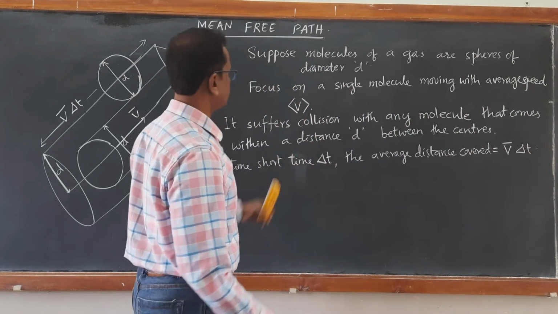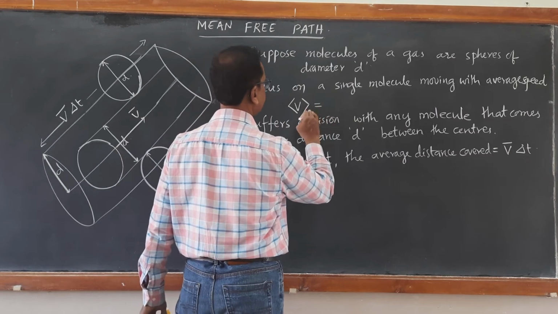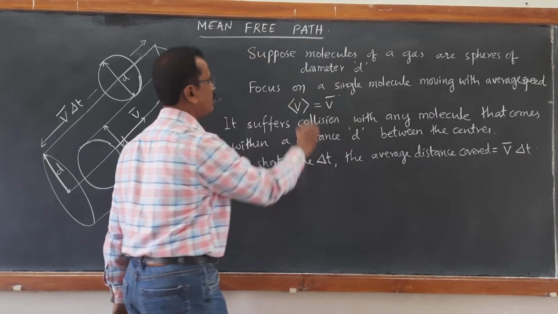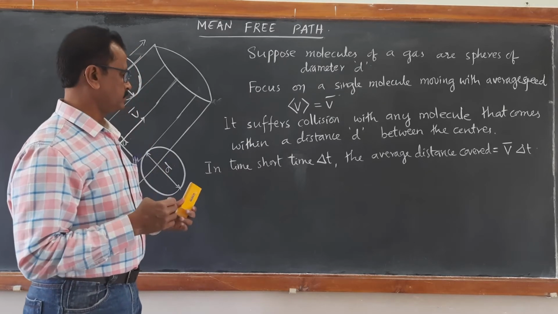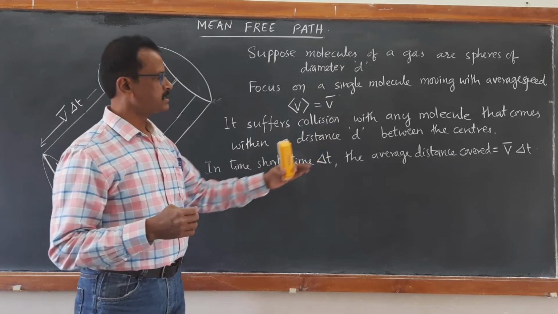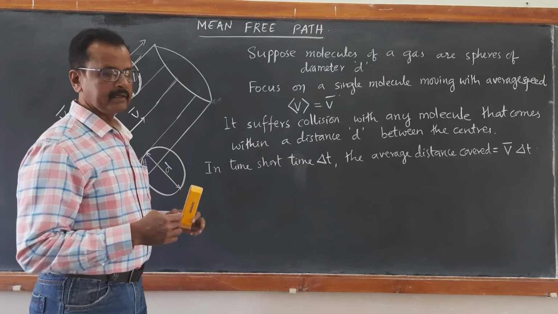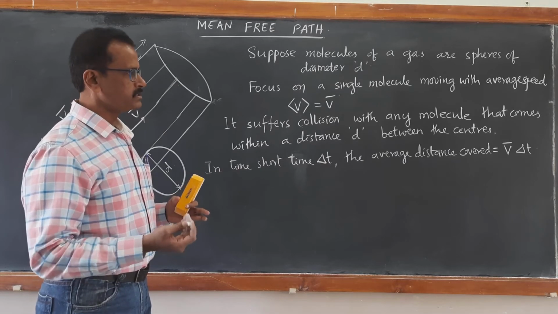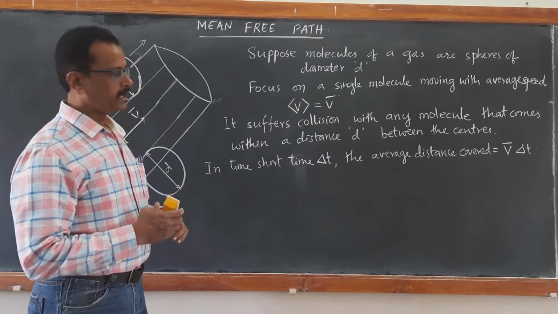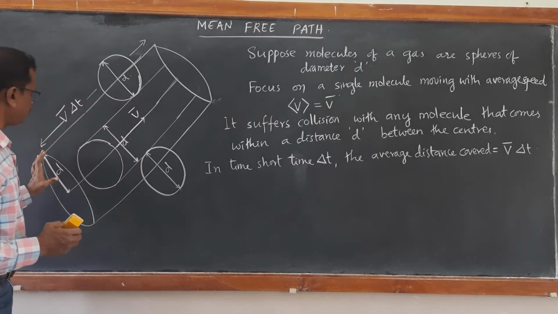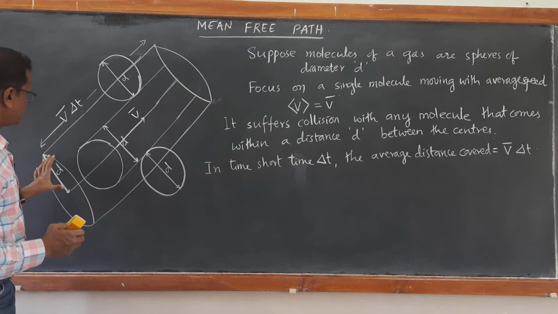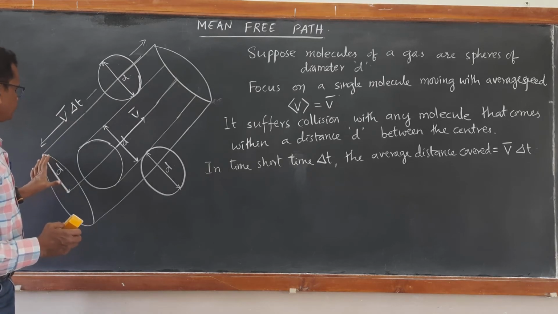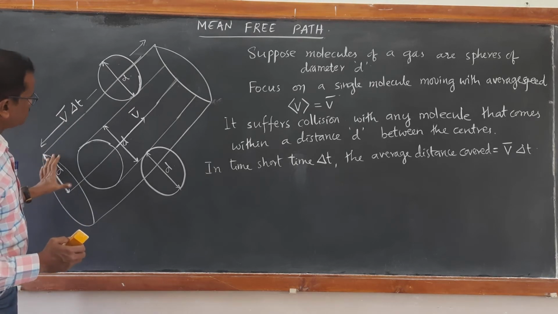It is also denoted as bracket v. Both are the same; v bar or bracket v are the notations for mean value or average value. So in short time delta t, it covers a distance of v bar delta t. Then how many collisions it undergoes can be calculated by calculating the volume. The total volume covered in time delta t will be the volume of this cylinder.